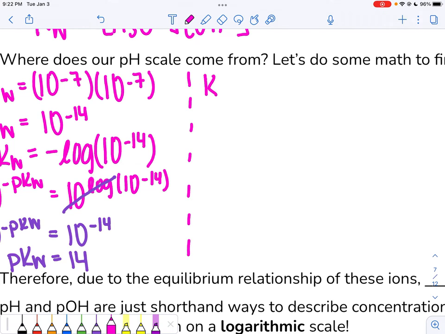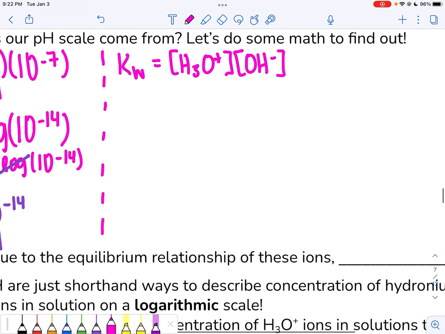Cool. What does this mean? Why do we actually care? Let's think back to what the expression Kw meant. Kw is equal to the concentration of hydronium ions times the concentration of hydroxide ions. What happens if I take the negative logarithm of both sides of this?